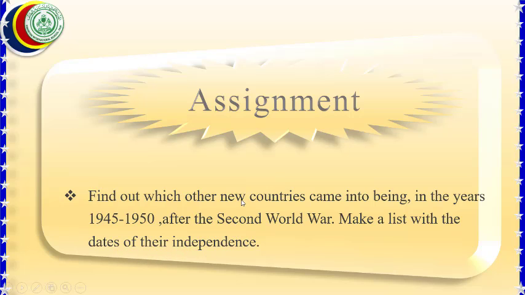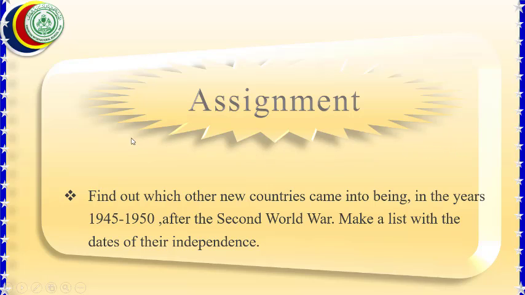Dear students, in this assignment, you just find out the names of the countries that got freedom after 1945 till 1950. You will make 2 columns in your notebook. In one column, you write down the years, and in the other column, you write down the names of the countries.